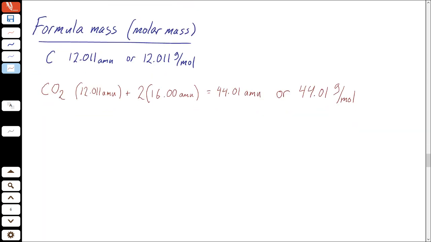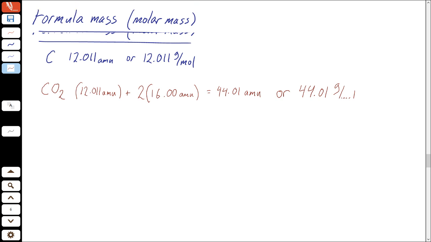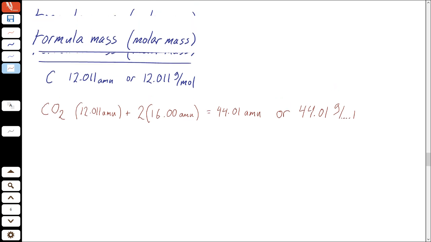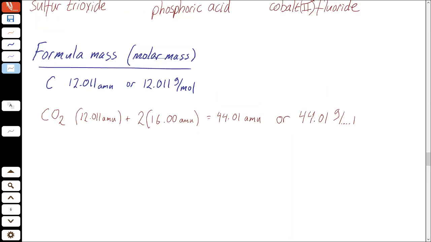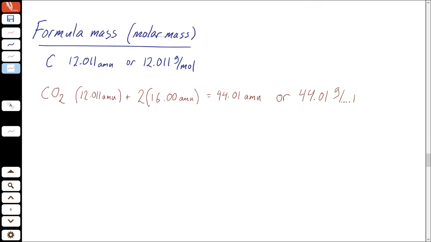This is going to be extremely useful because in chemical reactions, we need to count things, but in actual reality, we can't count them because they're too small. So we weigh things, we use this as a conversion factor, and that way we can determine the number of things that we have.